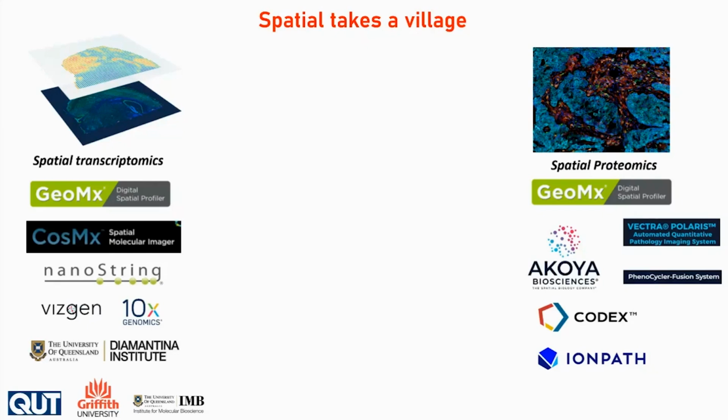How this has evolved over the last couple of years is there's been a shift as the plex has increased on the protein end. We are starting to do more discovery work from spatial proteomics, and that's really powerful because it lends itself to the digital pathology space, and it's just a more robust assay for the clinic.